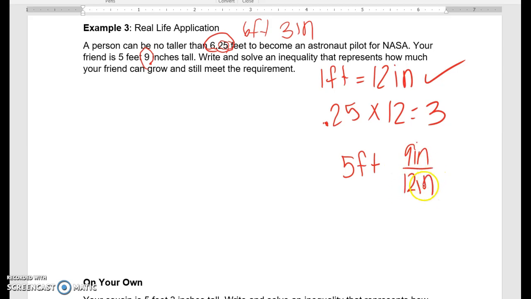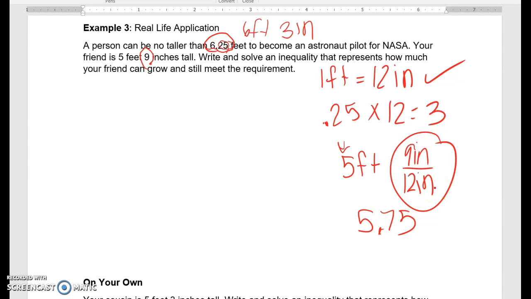Convert that to a decimal. The 5 is your whole number. 9 divided by 12 will give you 0.75. So the feet will always be your whole number, and then the decimal will always be your inches. Your numerator is whatever inches they give you, and your denominator will always be 12.